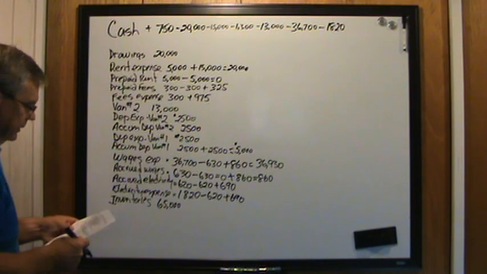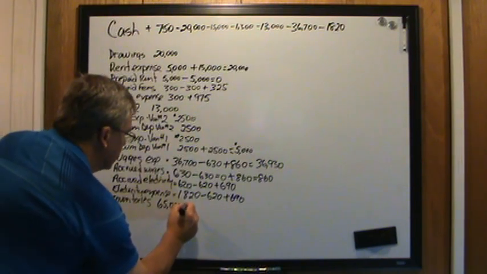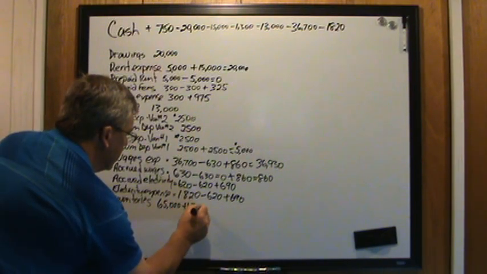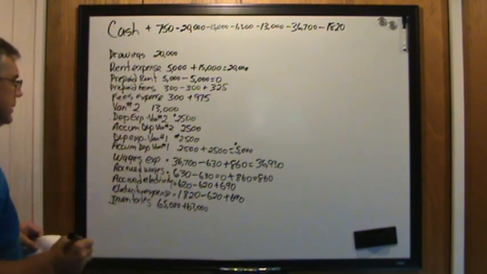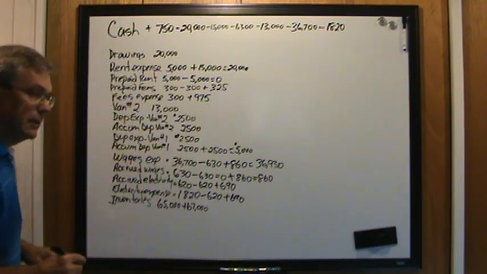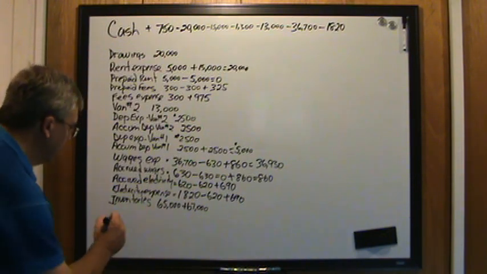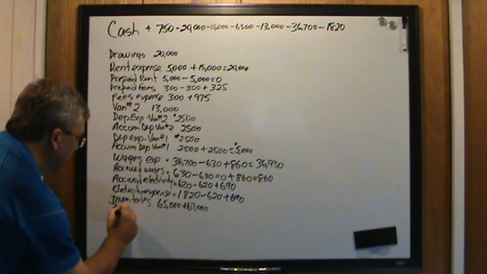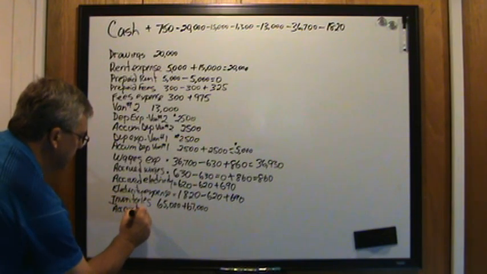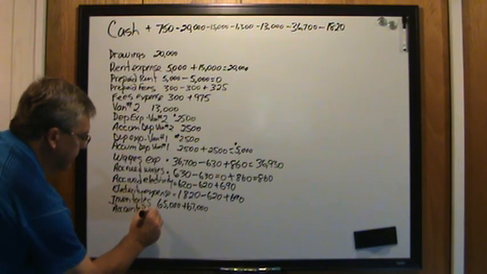And we bought an additional 67,000. That was all done on credit, and the credit account for that type of purchase we call accounts payable, or trade payables.